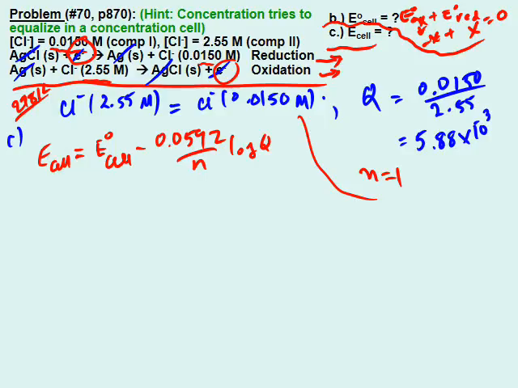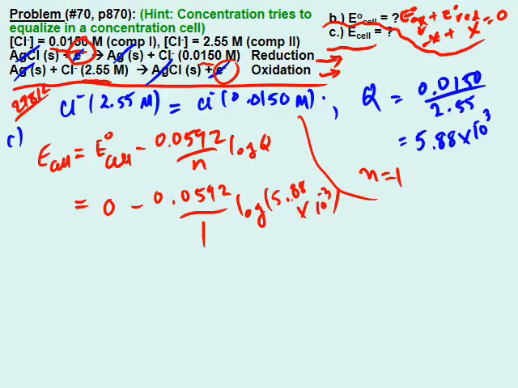And we already know all the values. The standard cell voltage for a concentration cell is 0, because remember that's for 1 molar concentration for each half reaction, so it's basically the same reaction. 0.0592 over n, then log of 5.88 times 10 to the negative 3.